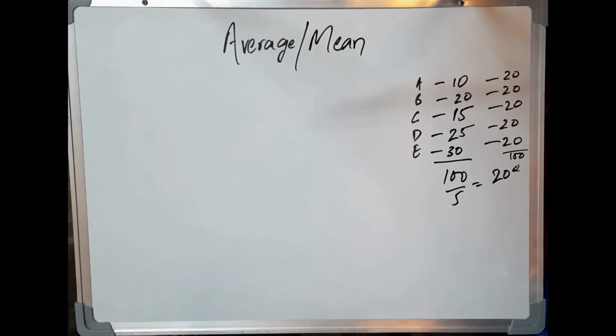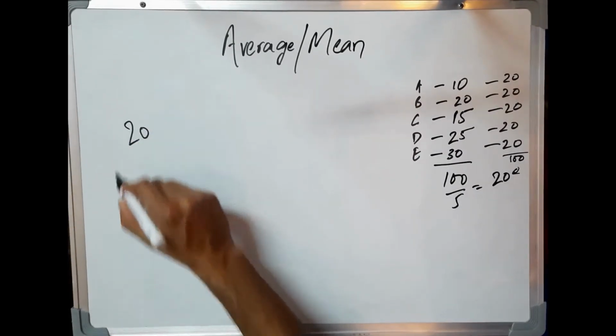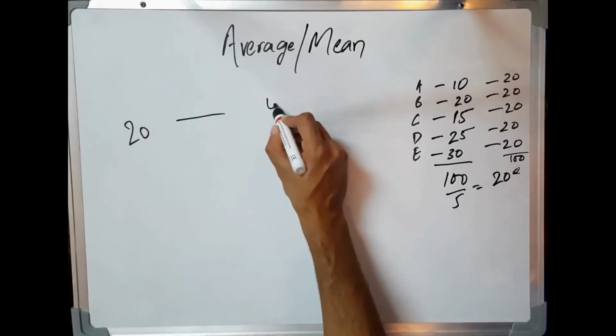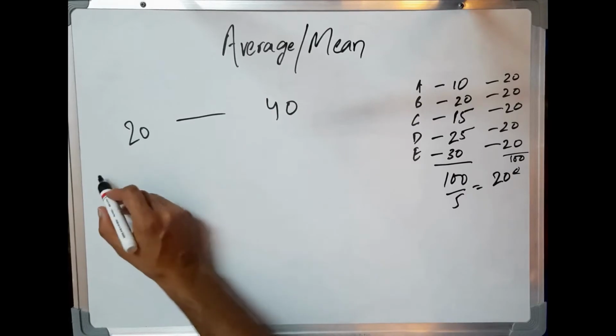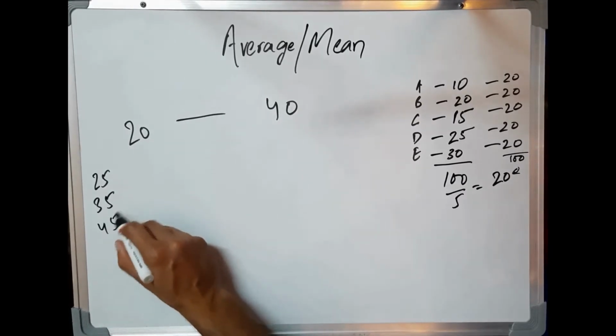Now I'll take an example of a class to help you understand how average affects all of the elements. If there is a class with 20 students and the average weight of this class is 40. Now surely someone might be weighing 25, someone 35 or 45 or 50.